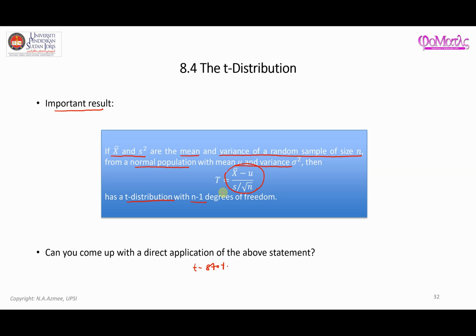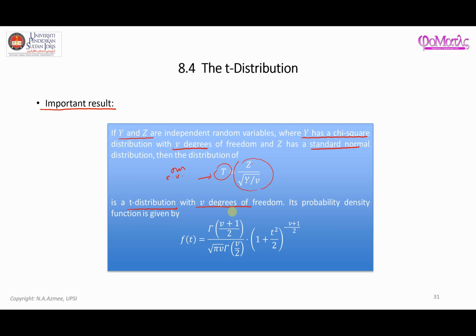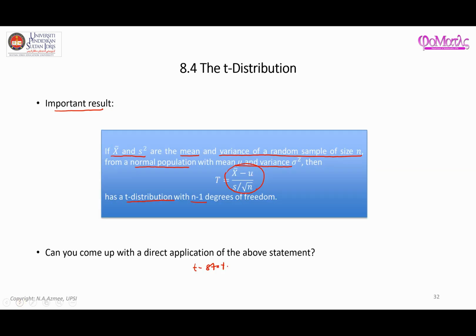Now let me explain a little bit about this result, and relate it with what you have seen previously on this page. Here, x bar and s squared are the mean and variance of a random sample of size n from a normal population. That means you can imagine we have the population, the original random variable from a normal population with mean mu and variance sigma squared.